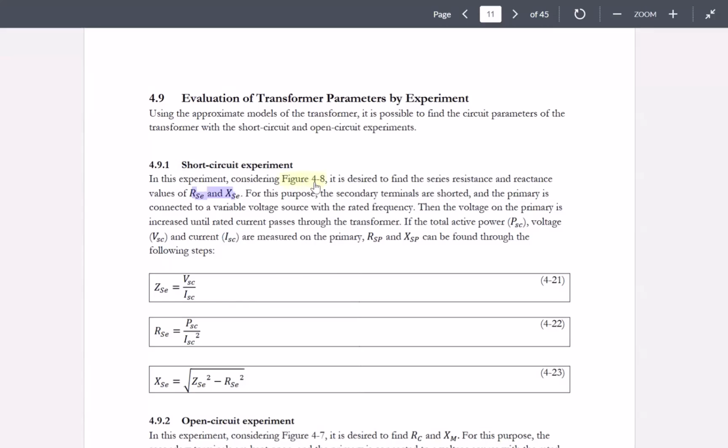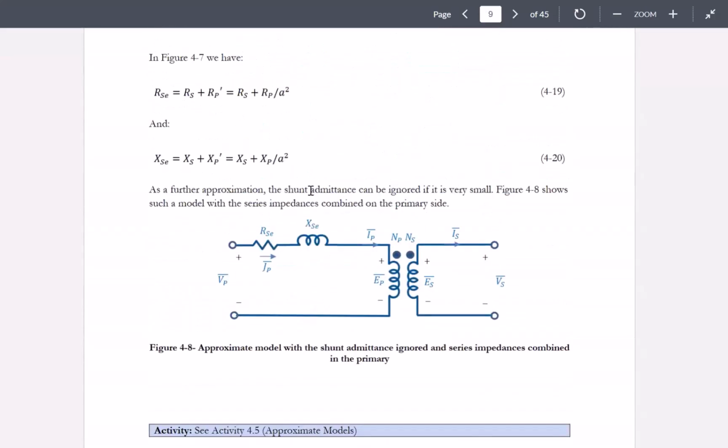Consider this figure 4.8. This is an approximate model. Our goal is to find out RSE and XSE based on an experiment.